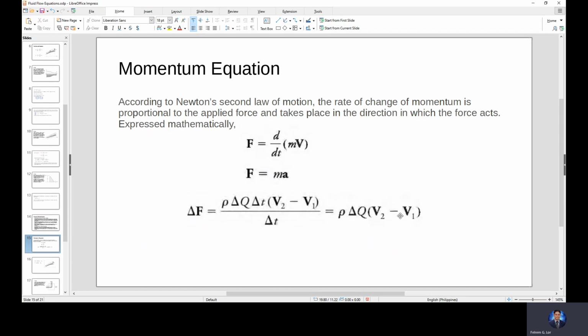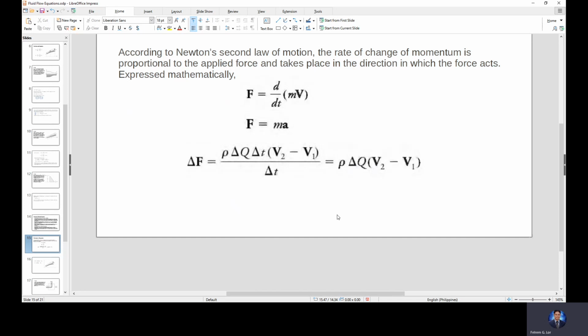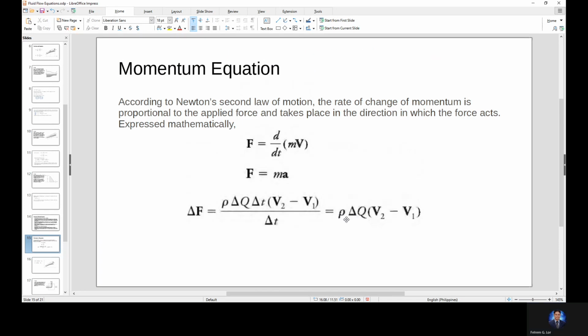This V2 minus V1 is the change in velocity. That is from our physics, change in velocity is acceleration. So V1 and V2, change of velocity or change of its direction. This is the equation: delta F equals rho delta Q times V2 minus V1.